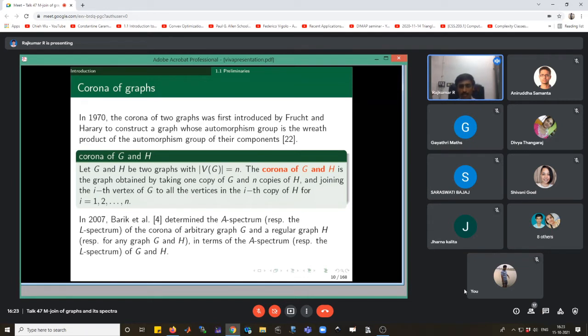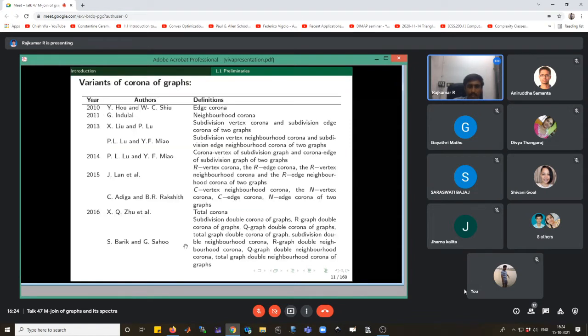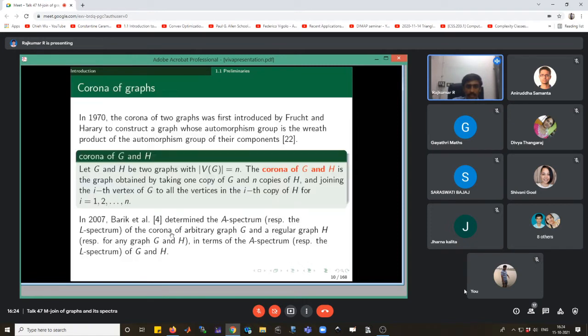Of course, as far as the spectra of this type of graph operation are concerned, in 2007, Barik and others determined the A spectrum and L spectrum of these graph operations for some particular cases of the graph G and the copies H, by taking regular graphs and some variants. Of course, this graph was defined in 1970.